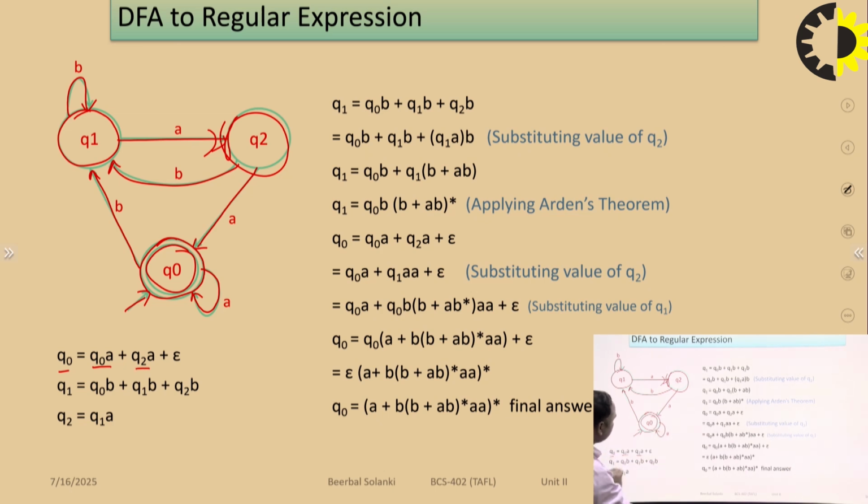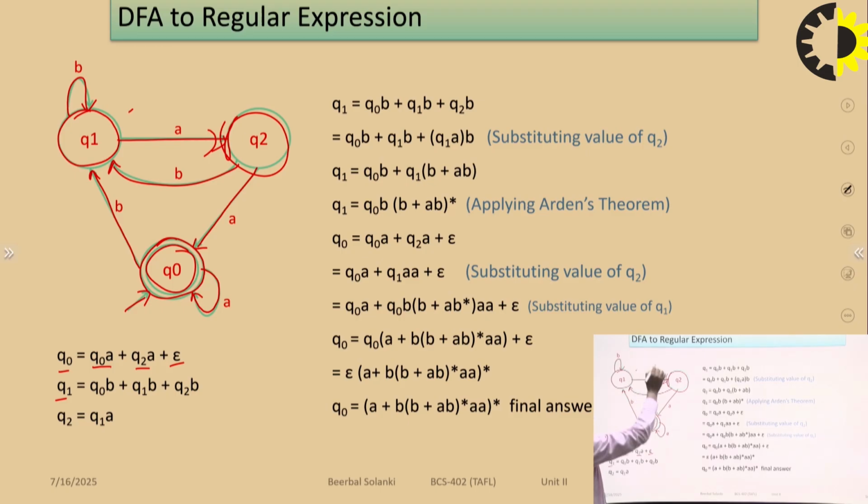Also Q naught is the initial state, so we write here the input epsilon. So we reach the Q naught state.